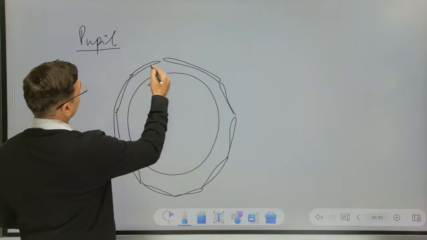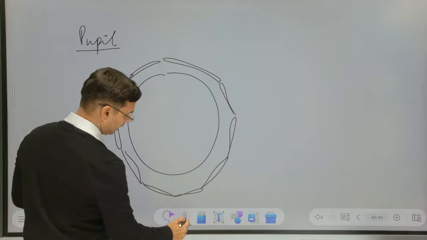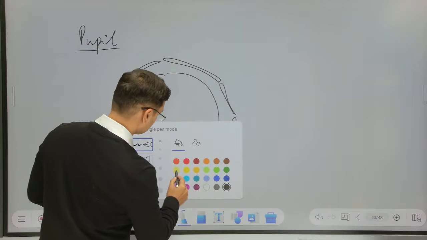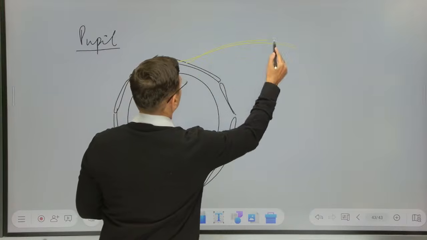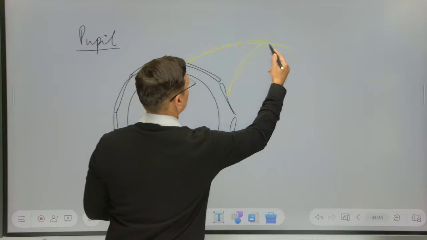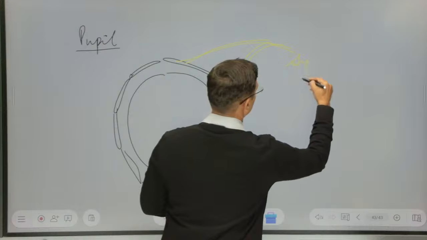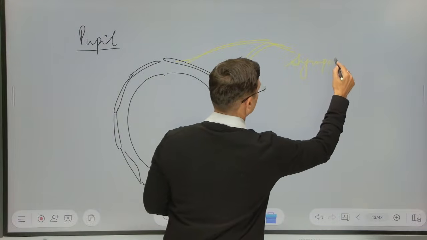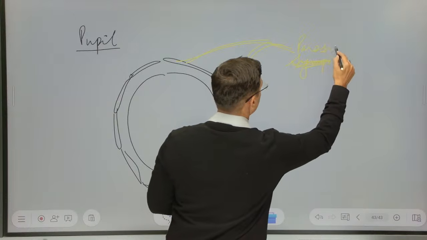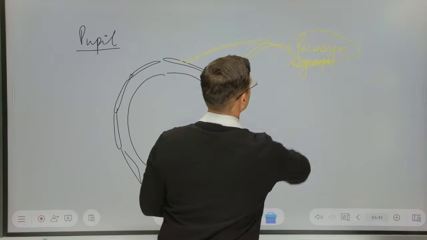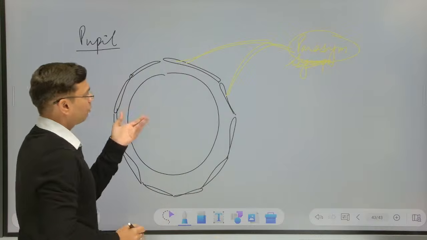They are all supplied by parasympathetic nerves. So what will happen?